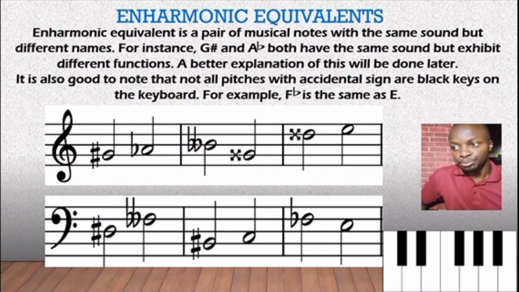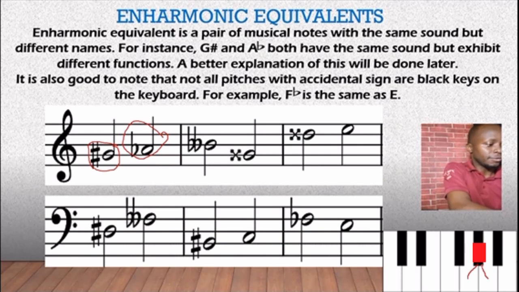An enharmonic equivalent is a pair of musical notes with the same sound but different names. For instance, G sharp is the same thing as A flat. This is G sharp because G plus a semitone is G sharp, and A minus a semitone is also the same pitch. So they both sound the same.